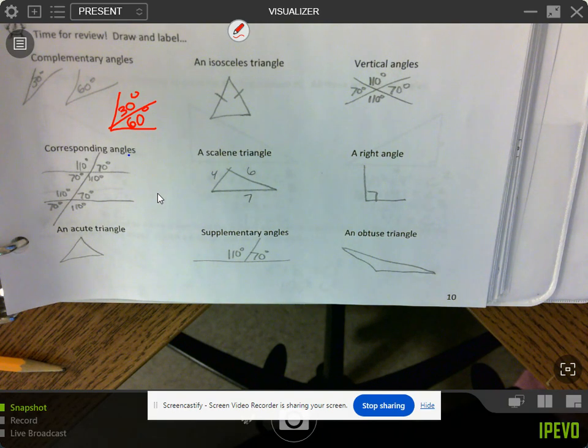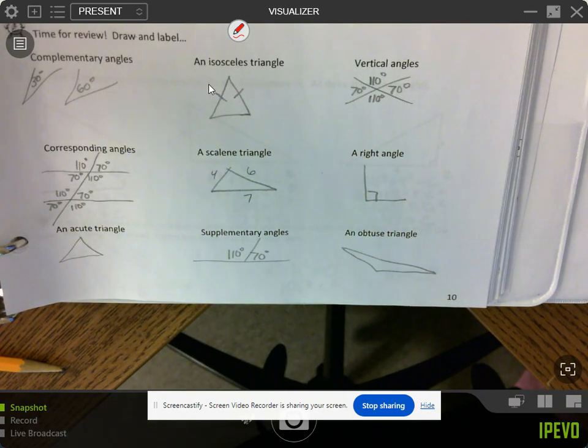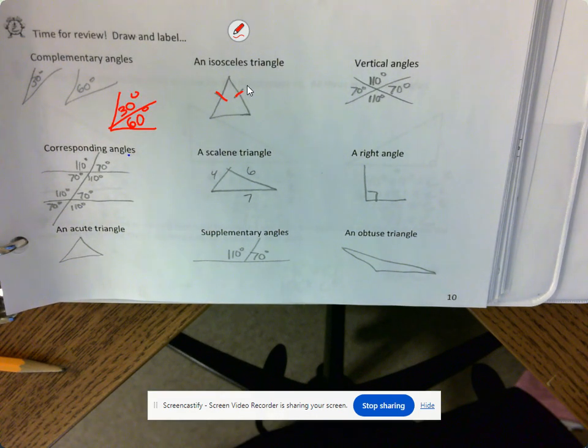For the isosceles triangle, I don't have any numbers, but I have those 2 lines. What do those 2 lines tell me? Madeline? That they're equal size. You could put in a size for them. So I could put in a 5 and a 5, and it's showing that they're equal.